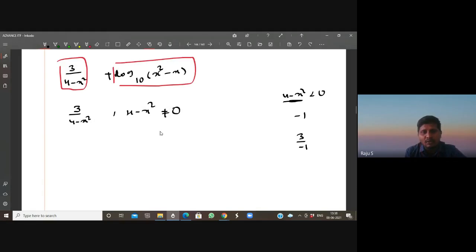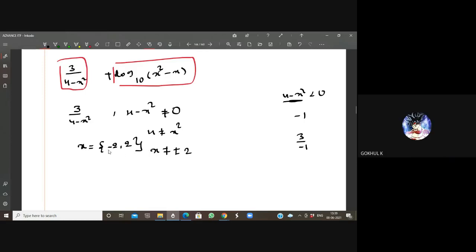So 4 is not equal to x square, then x is not equal to plus or minus 2. So x does not exist only for minus 2 and plus 2. Other than minus 2 and plus 2, it exists for every real number.